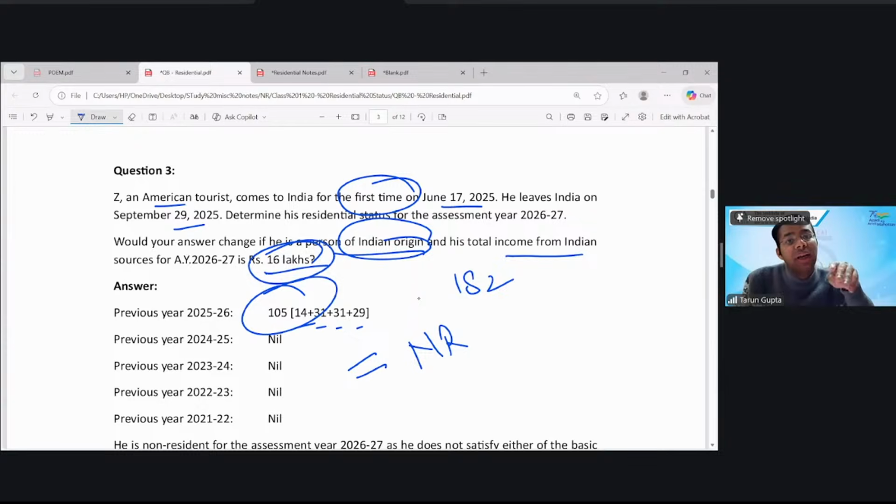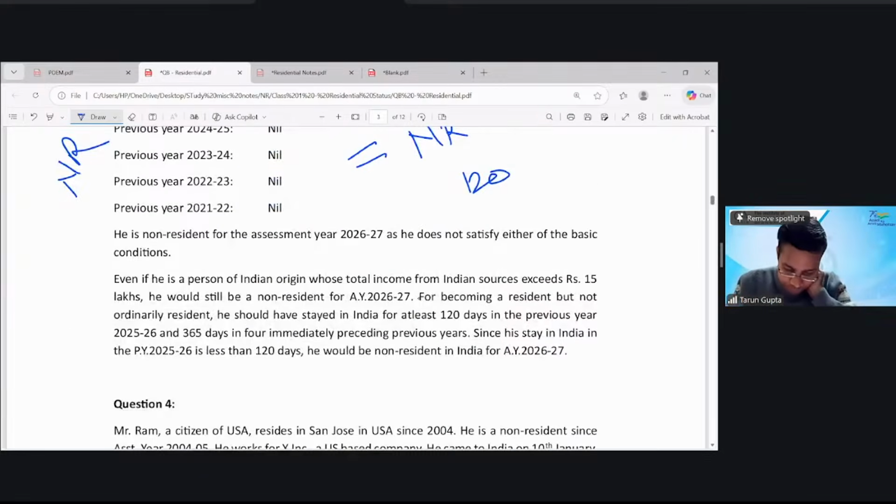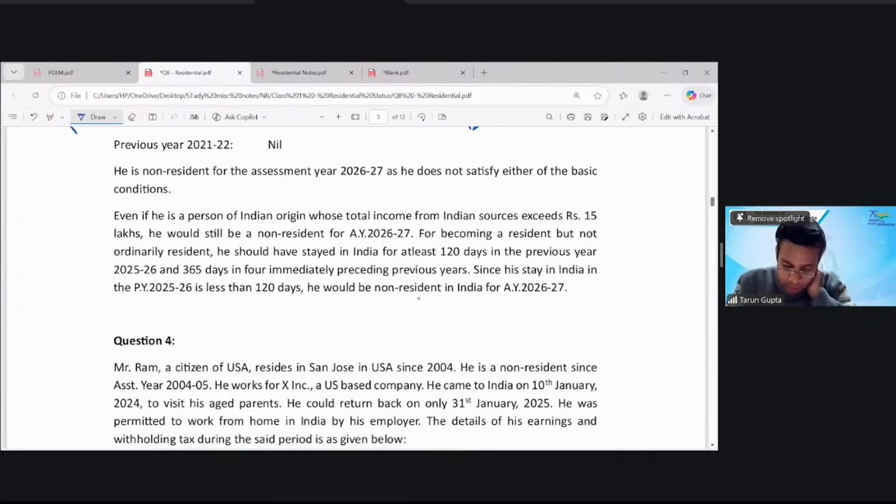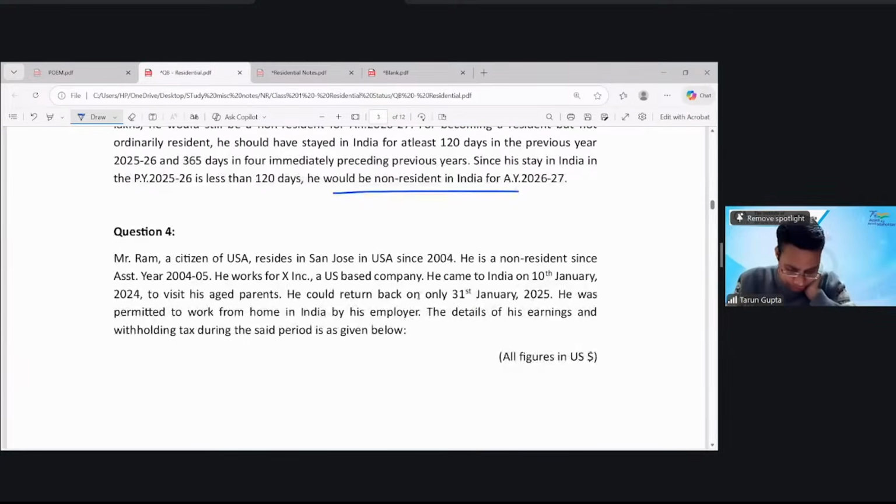Then if his stay in India is 120 days or more plus 365 days in the last 4 years, he will qualify as resident, thereby R NOR. But neither in the current year does he stay for 120 days or more, nor in the last 4 years was he there for 365 days. So he continues to be NR. He will be non-resident. Okay.